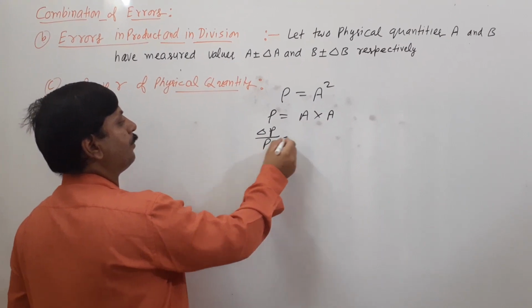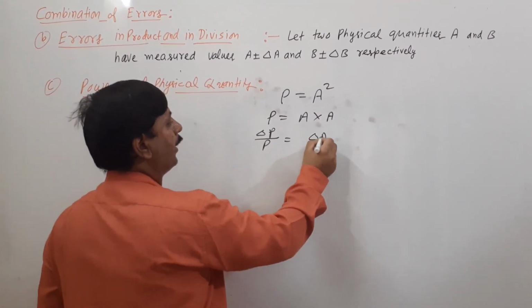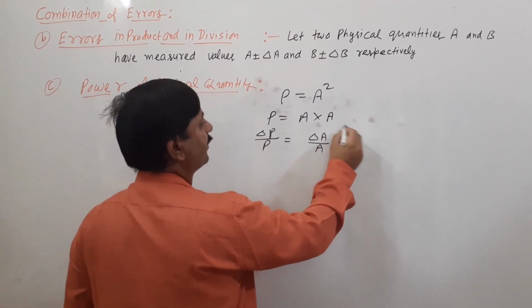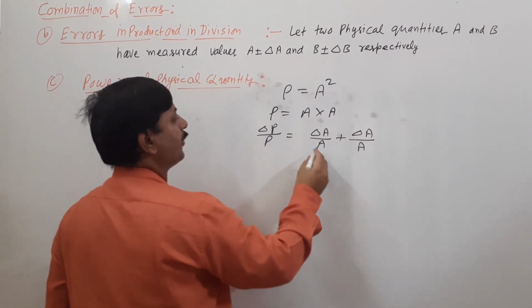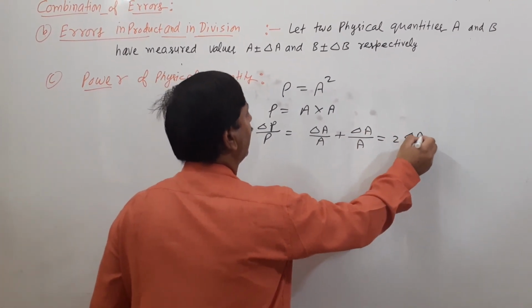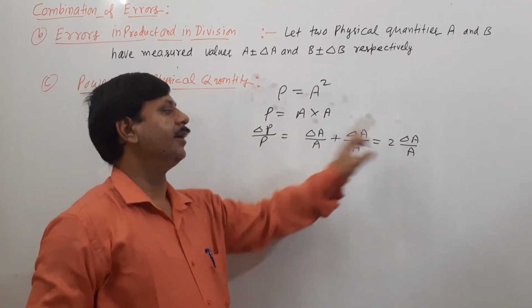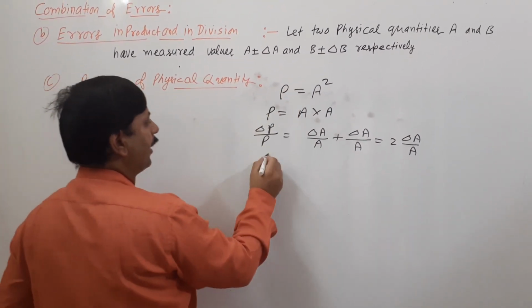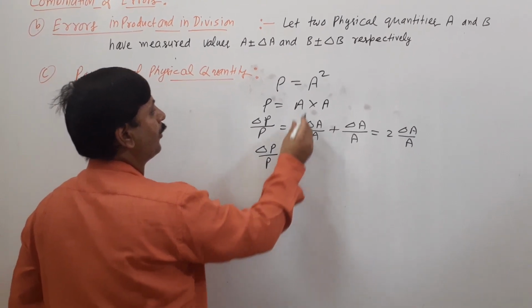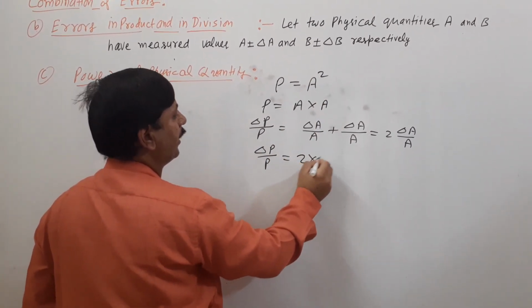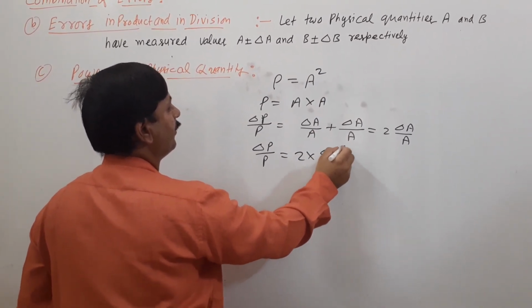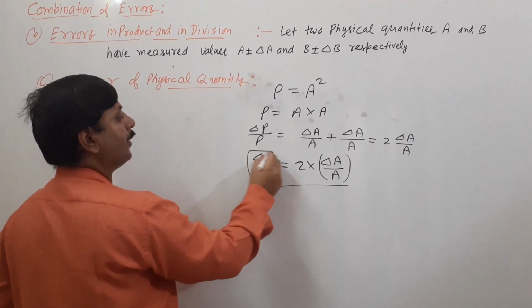Del P upon P is equal to del A upon A plus del A upon A. So that will become twice del A upon A. Here we can see the power is multiplying in the relative error. So directly we can write down that the power is in multiplication form when we are finding the error.